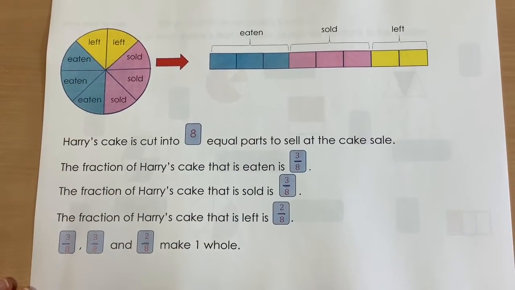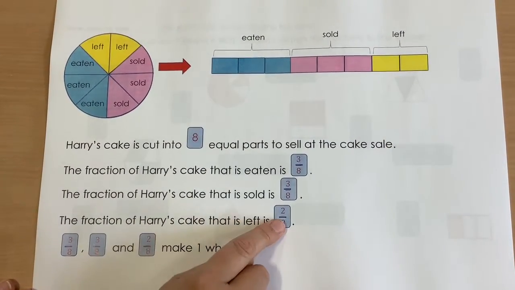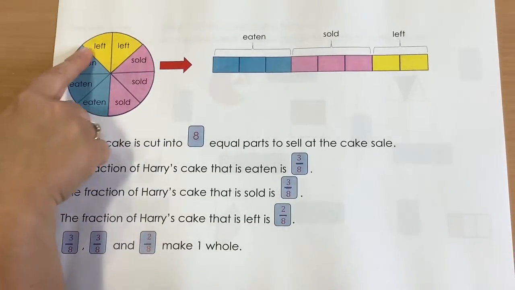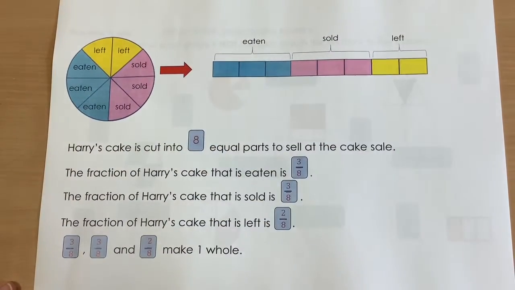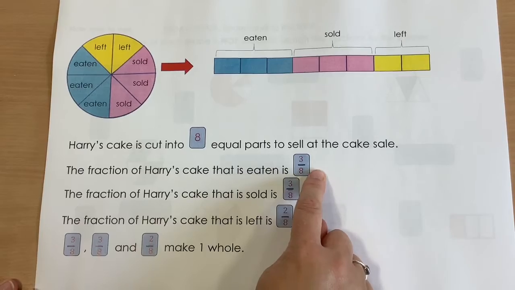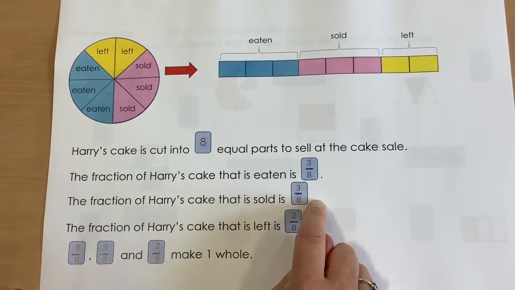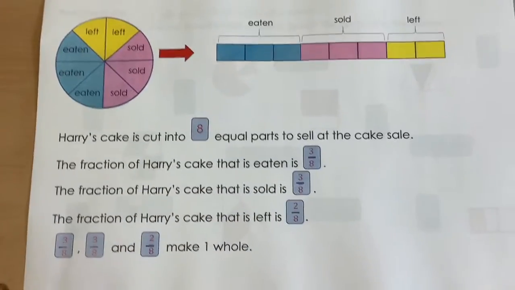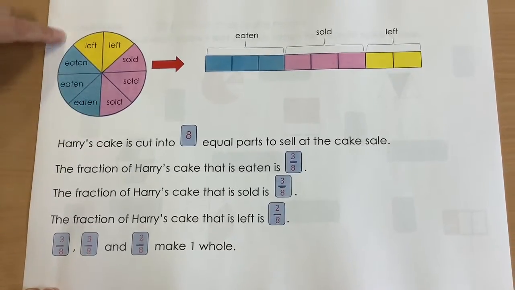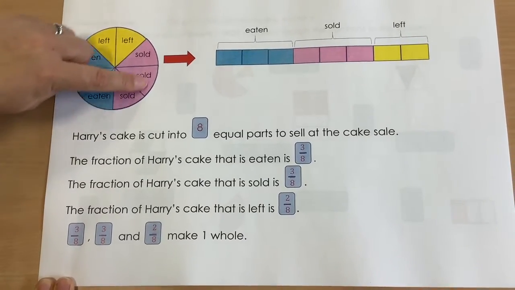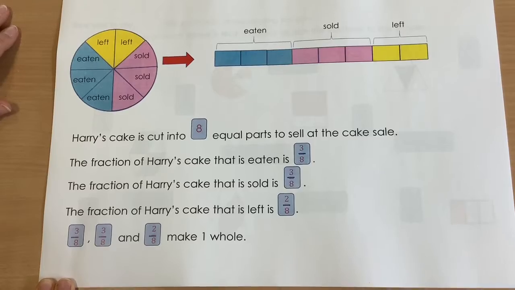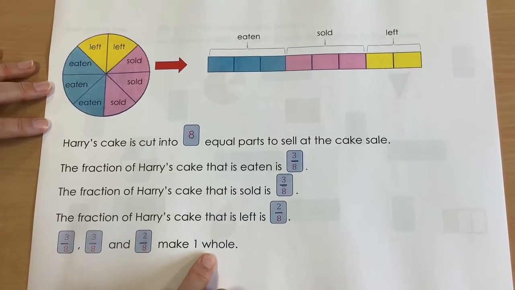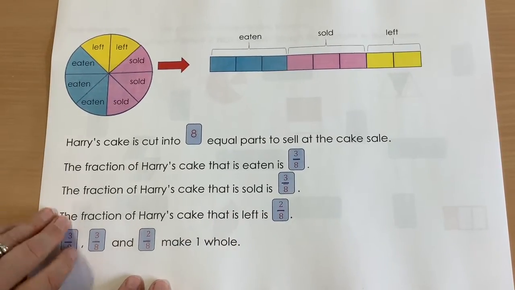And then the fraction of Harry's cake that is left is 2/8, because again we've got 2 out of 8 here and here. Then we can write the statement 3/8 plus 3/8 and 2/8 make one whole. You can see that here, 3/8, 3/8 and 2/8 make one whole. We could also have written that as 8/8, correct.